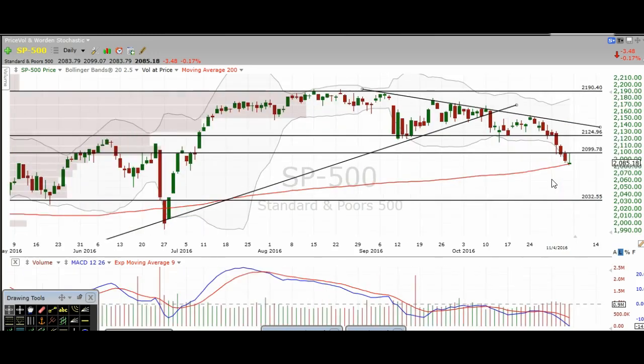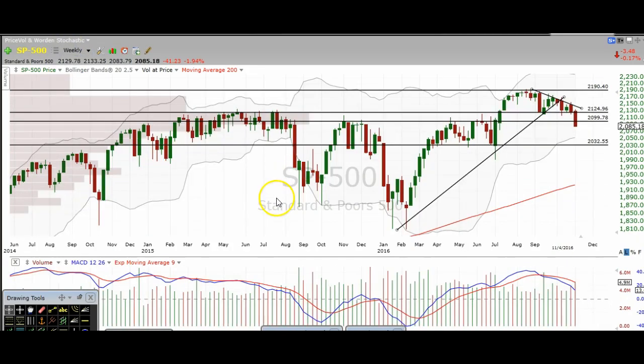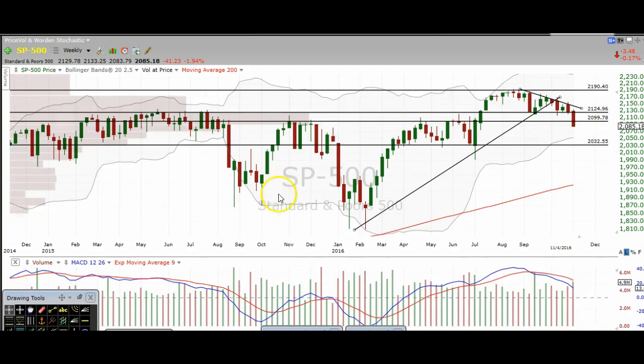We also closed the week, and I'll go to the weekly chart so you can see it. We've got two levels here that we closed below. Here was that support up here, about 2125. You can see clearly that was a resistance level, and we closed over that with this week. It looked like a breakout, but now we failed that level.